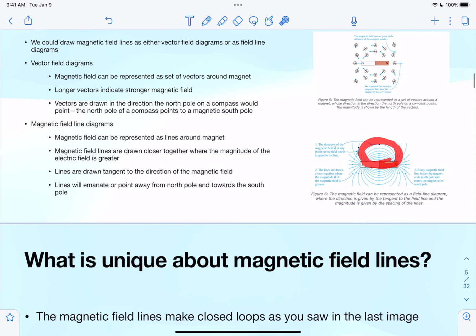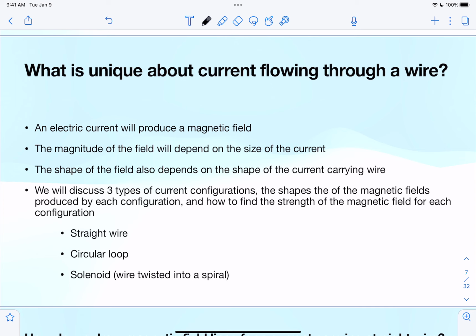Now, this chapter also wants to address something really important, which is kind of trying to go back to the last couple of chapters, which is looking at current coming through a wire. What's unique about that current going through that wire, right? What have we discovered from experiments upon experiments upon experiments? Well, it's that an electric current going through a wire is going to actually produce a magnetic field.